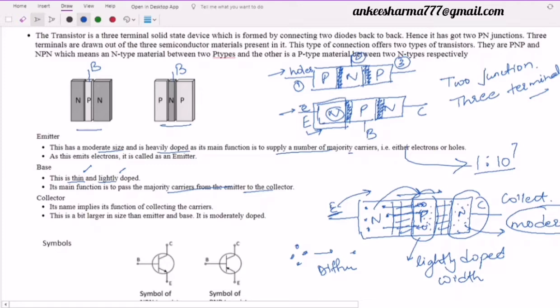Then second is, as they are going to collect the electrons, the size of this collector is also large. So you can see here it is a bit larger in size than emitter and base. So what is the reason for the increase in size?